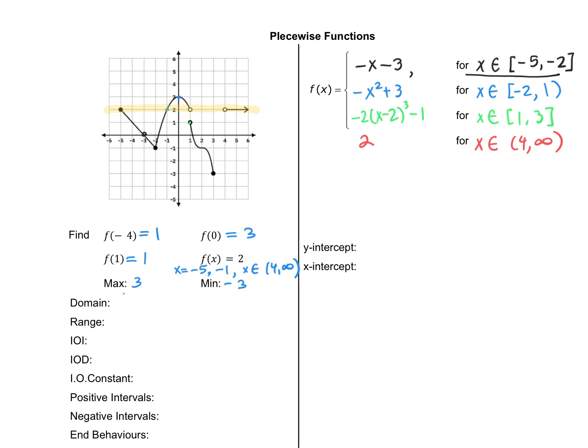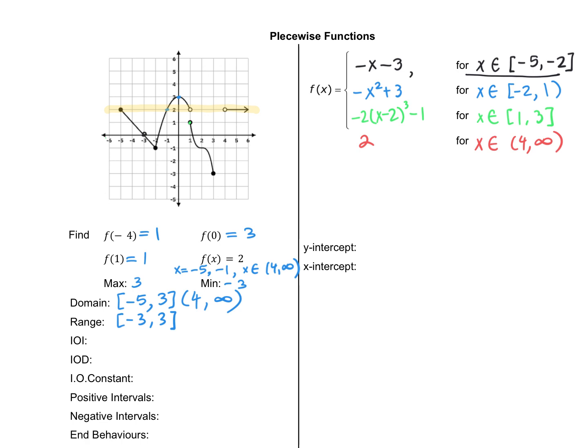So my domain is from -5 to 3, and then for the horizontal line, 4 to infinity, but 4 is not included. For my range, my lowest is -3, my highest is +3, so our range is just -3 to 3.